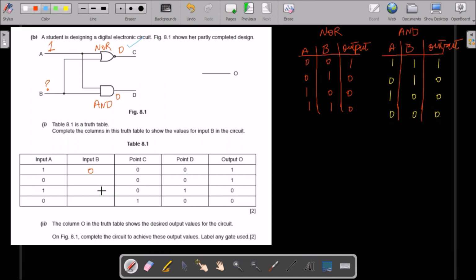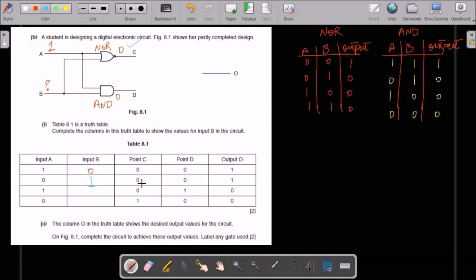For input B for second row, by chance I will write 1 and I will check it. If it is wrong, then I put 0. For example, input A is 0, input B is 1. So 0 and 1 for NOR gate, the answer is 0.